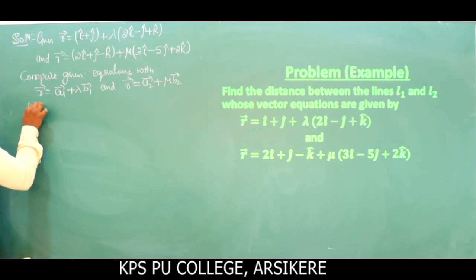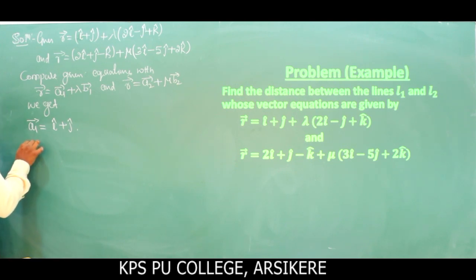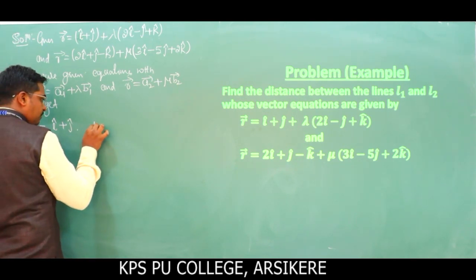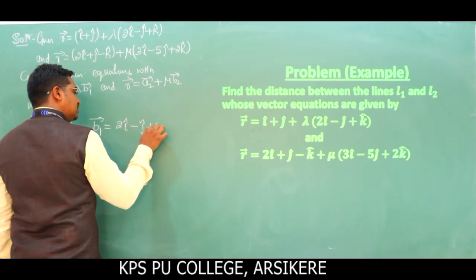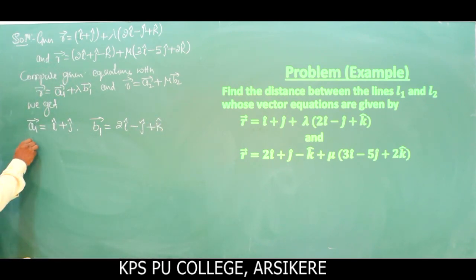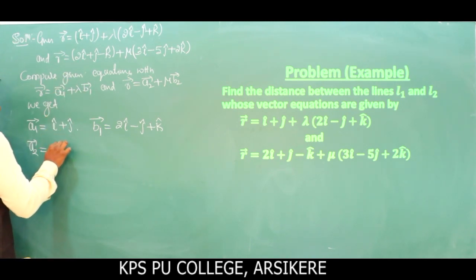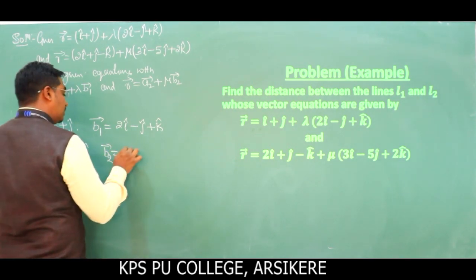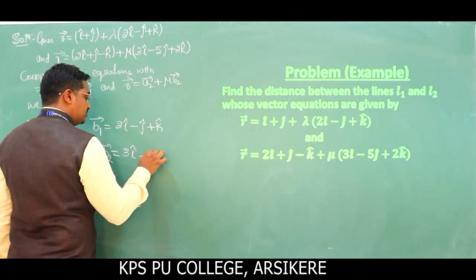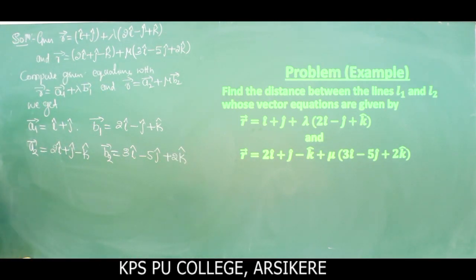We get vector a1 is i cap plus j cap, b1 is 2i minus j plus k cap, and vector a2 is the second one, 2i plus j minus k, and vector b2 is 3i minus 5j plus 2k.